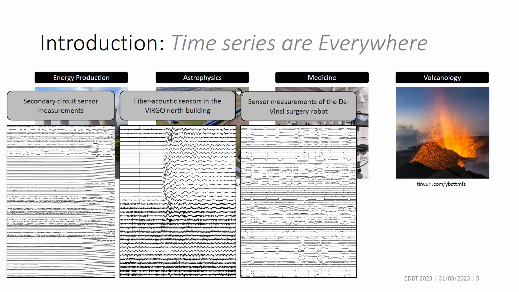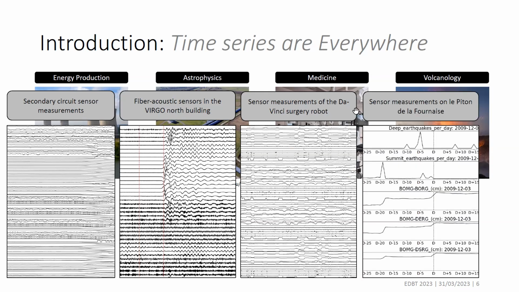This was performed for one specific action of the surgeon. And here are some of the sensors that I talked about previously, sensors positioned on the volcano. These are GPS sensors. When the volcano starts to move a little bit, this might be a precursor of an eruption. So this is something interesting to analyze also.